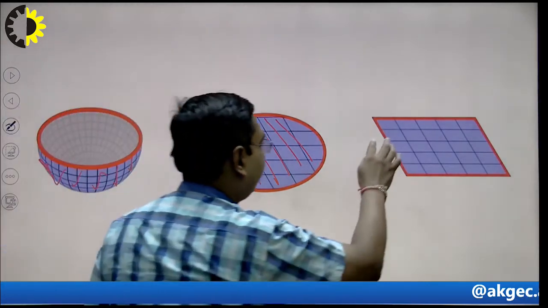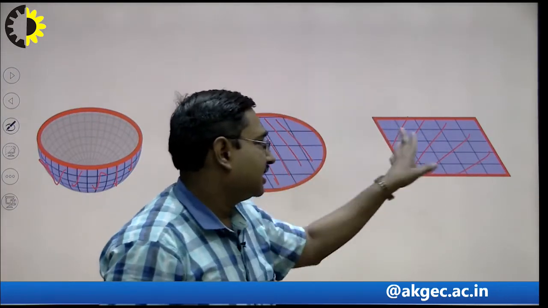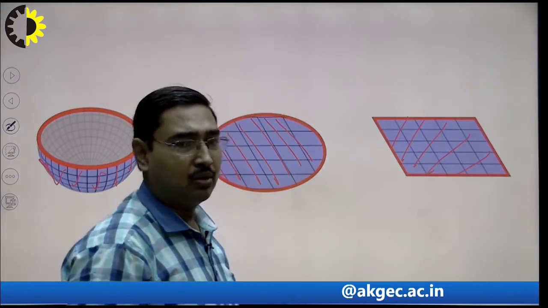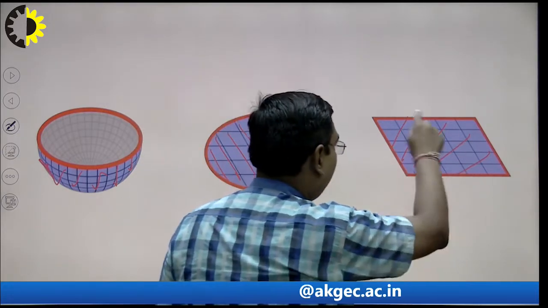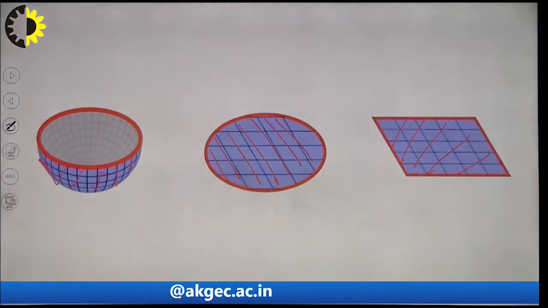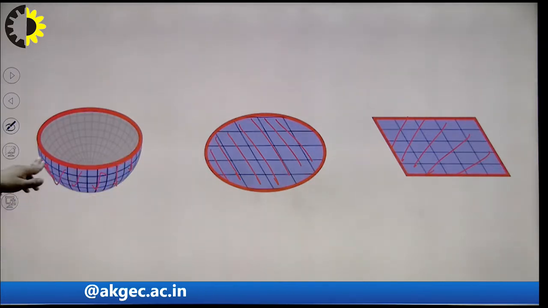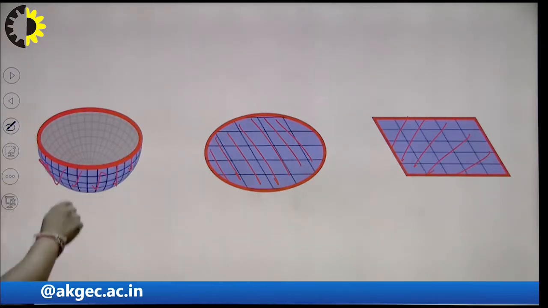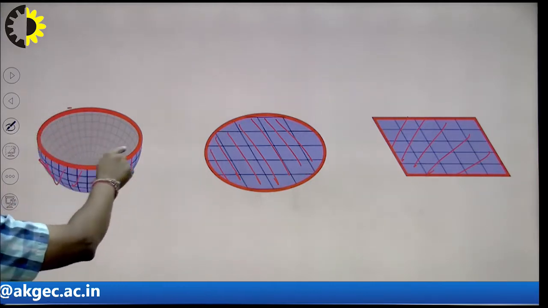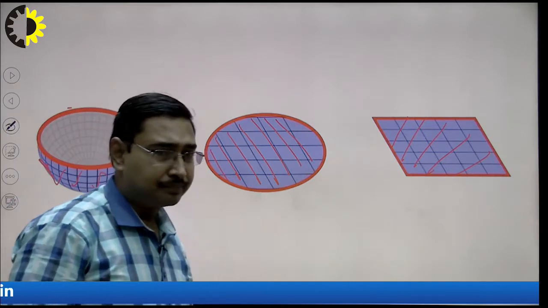If we have this parallelogram and this is the region bounded by it, then its boundary will be this curve shown in red color. The theorem says that if we want to evaluate a surface integral over the surface, then we can evaluate the line integral over the curve which is bounding this surface.